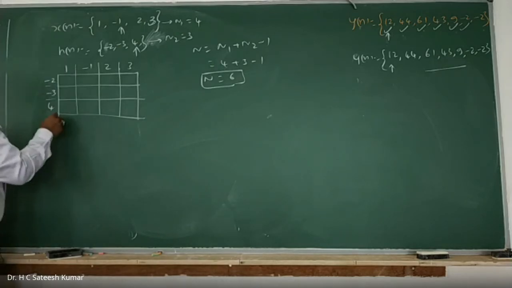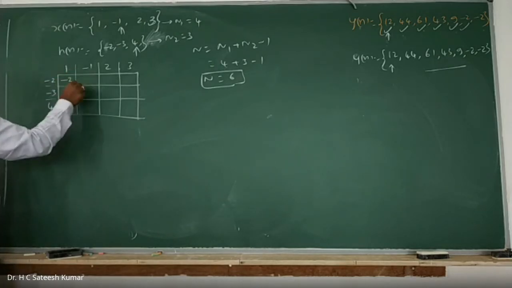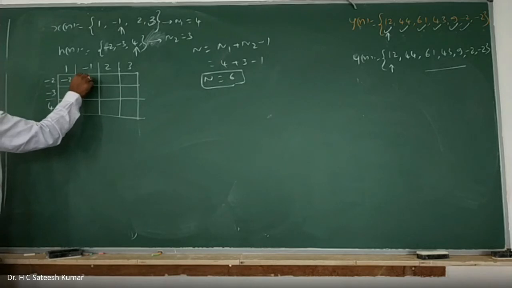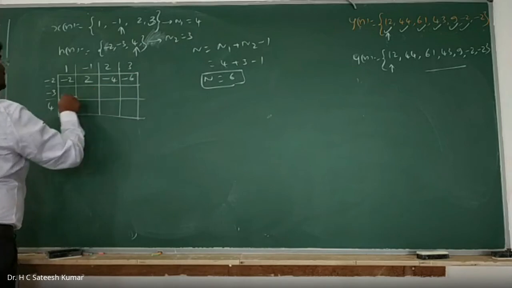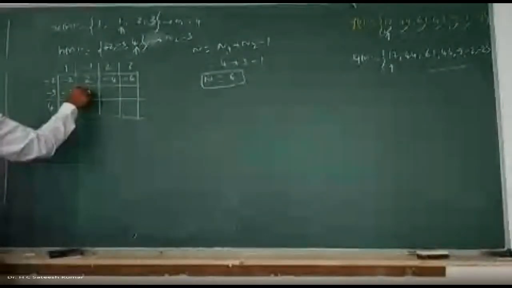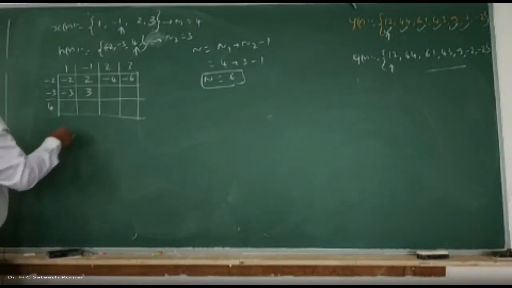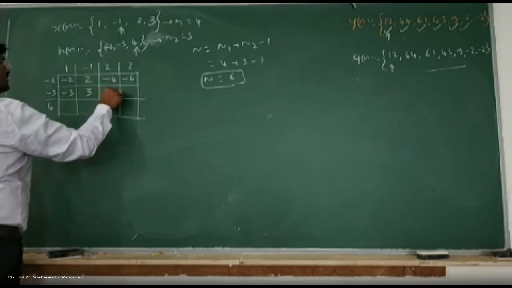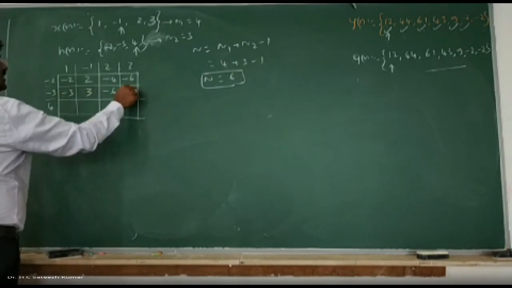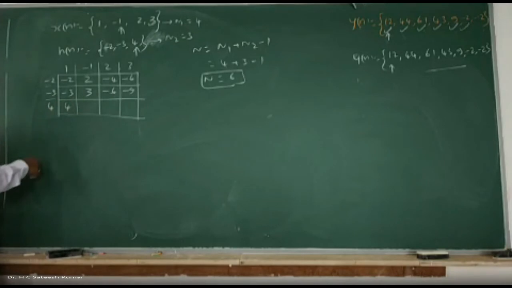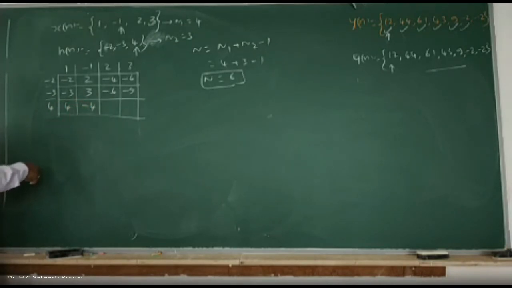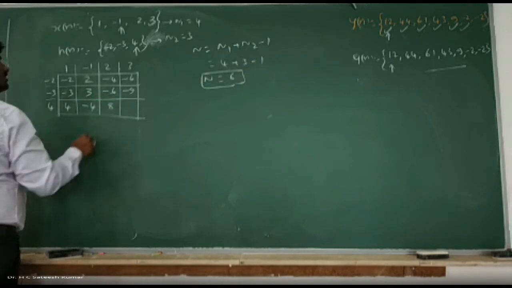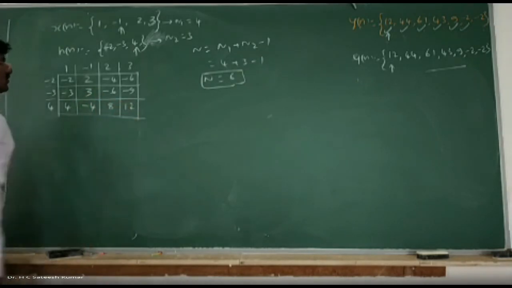Minus 2 into 1, minus 2. Then 2, minus 4, minus 6, and minus 3, plus 3, and minus 6, and minus 9, and 4, minus 4, and 8, 12. Okay, right.